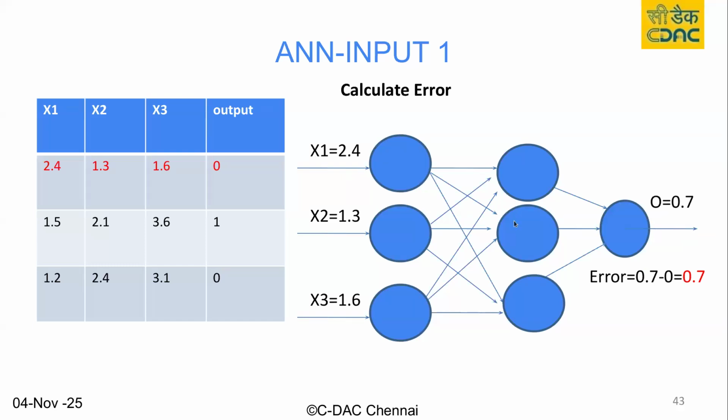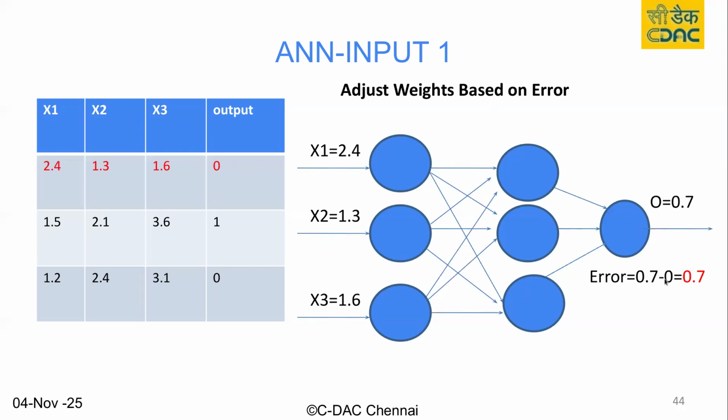First I will calculate the error. The error is 0.7 minus 0. If you get an output 0, that error will be minimized.